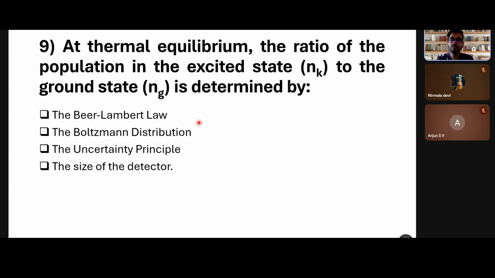Next question. At thermal equilibrium, the ratio of the population in the excited state to the ground state is determined by what?